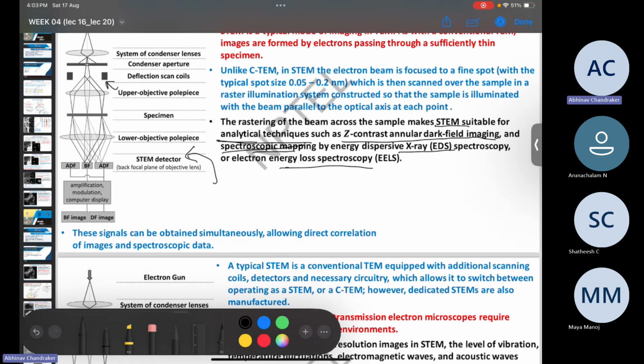All of these use different phenomena to get spectroscopic, that is, chemical composition related information from the specimen.